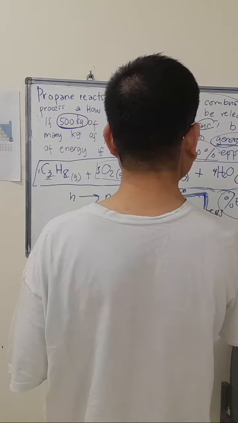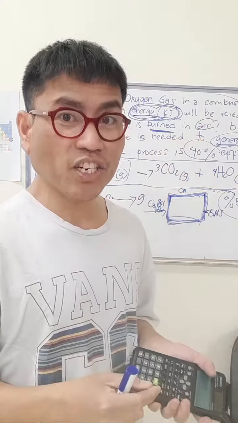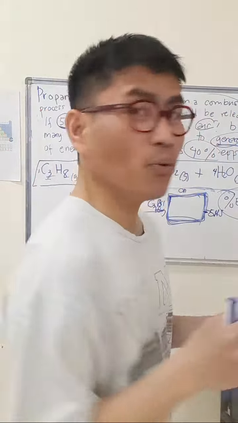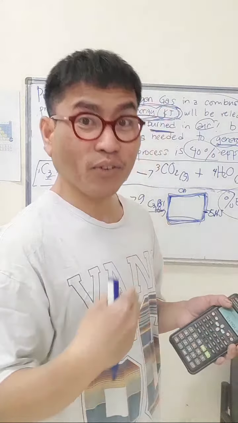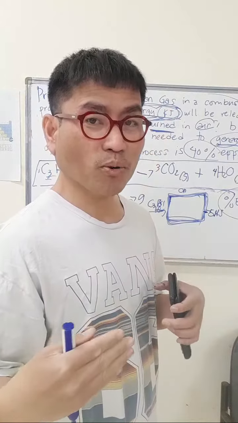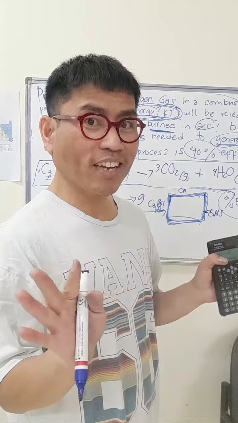Assuming there is no recovery and no loss of energy in the process, because it will affect the balance if you have that. Input is equal to output without any loss or wastage in the environment or in the atmosphere.